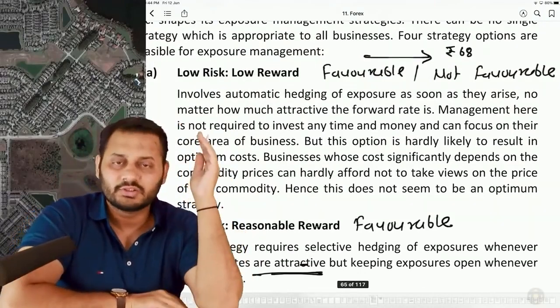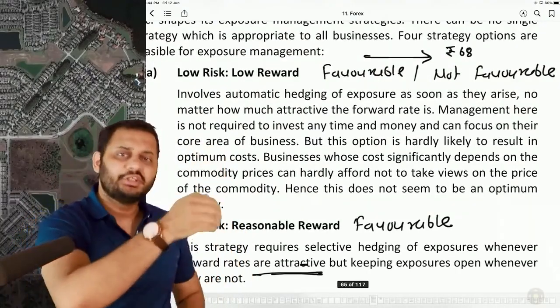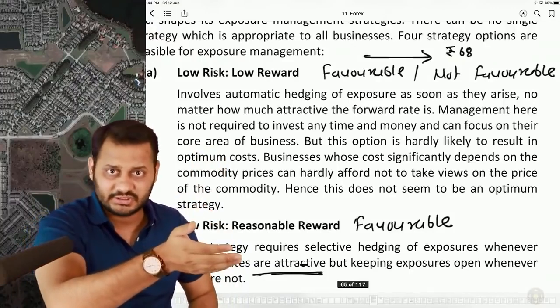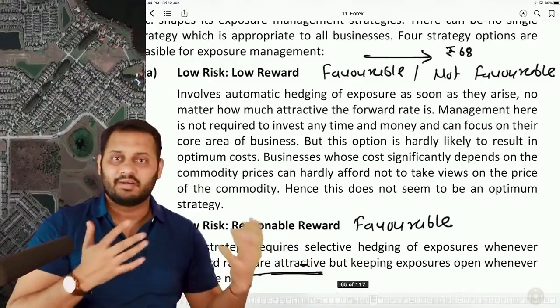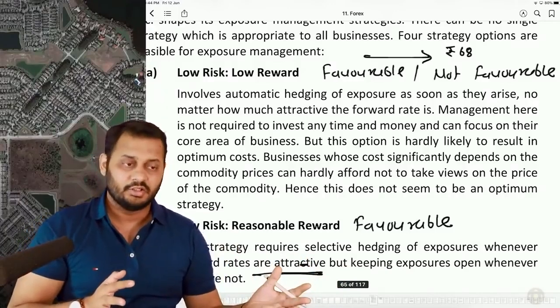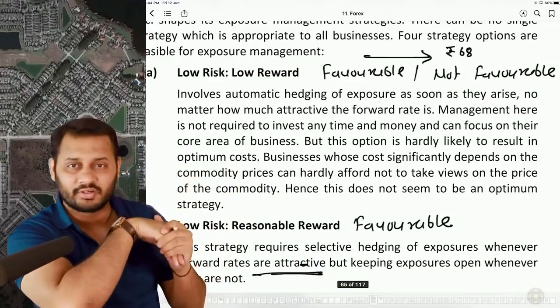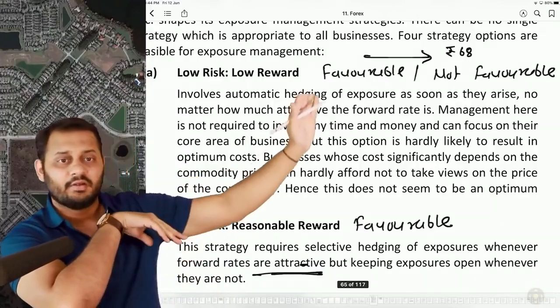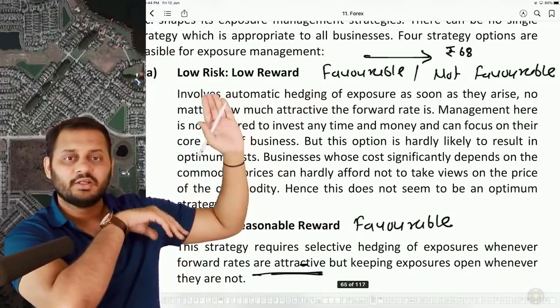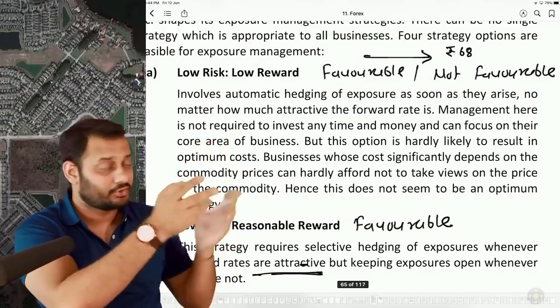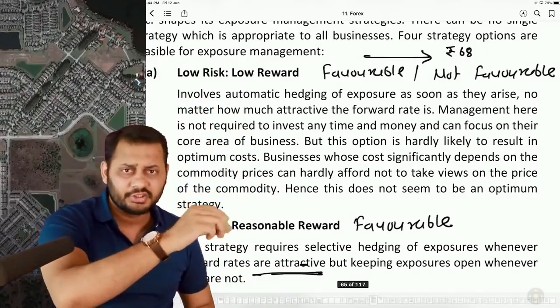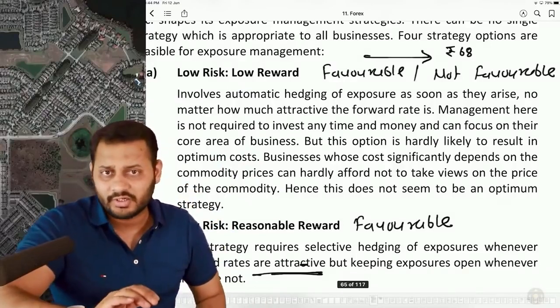Whenever you say low risk, low reward, that means you immediately hedge the foreign exchange exposure and you do not wait for the favorable rates and you do not spend time searching for the favorable forward contract rate. So it is favorable or not favorable, you will enter into hedging. That means you will save time. This is low risk. That means you are not taking any kind of risk. Immediately you take the forward contract.